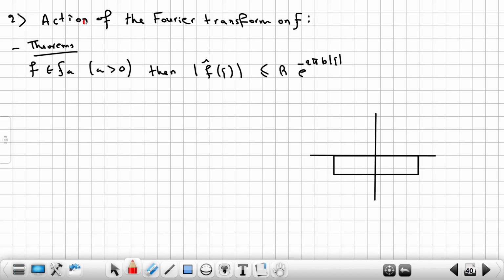Now we will study the action of the Fourier transform on the functions in class F. Now, if f belongs to F_A for some A positive, then the modulus of f hat psi is less than or equal to some positive constant B multiplied by e to the power minus 2 pi b absolute psi for all b between 0 and A. In fact, the result is trivial for b equal to 0.